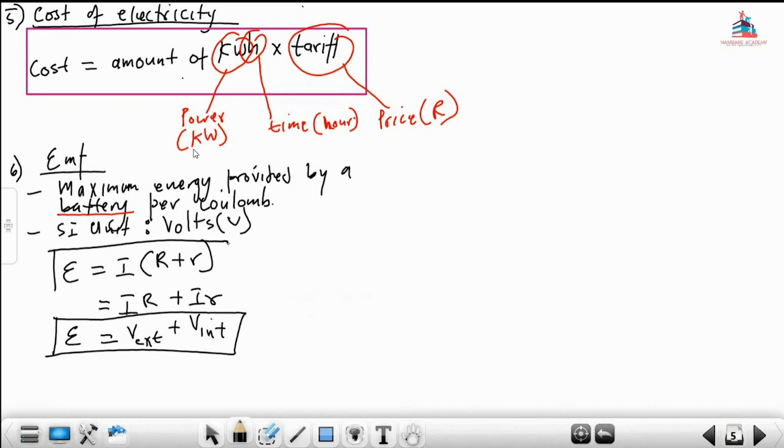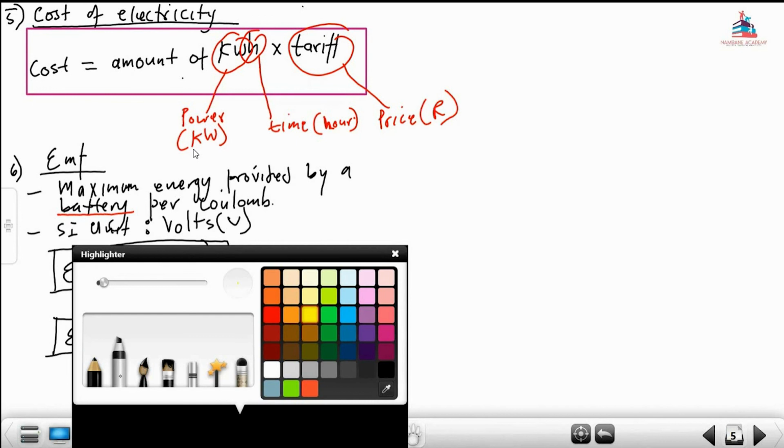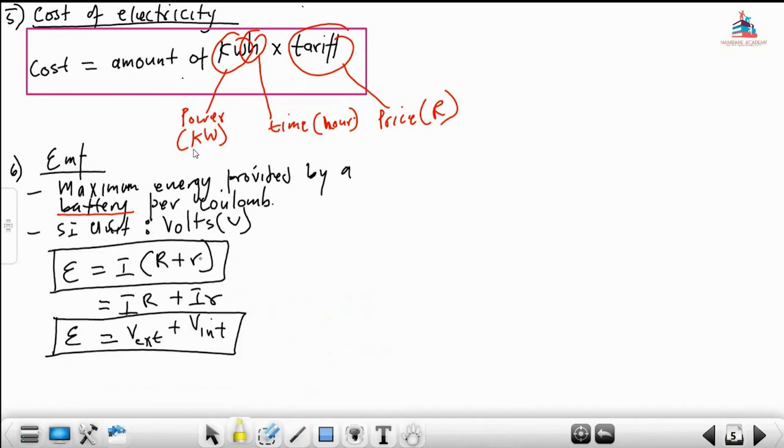And mostly you find this one given in the formula sheet. But because this is happening inside the battery, it is introducing us to a different element of internal resistance. Hence, we have now the small r.